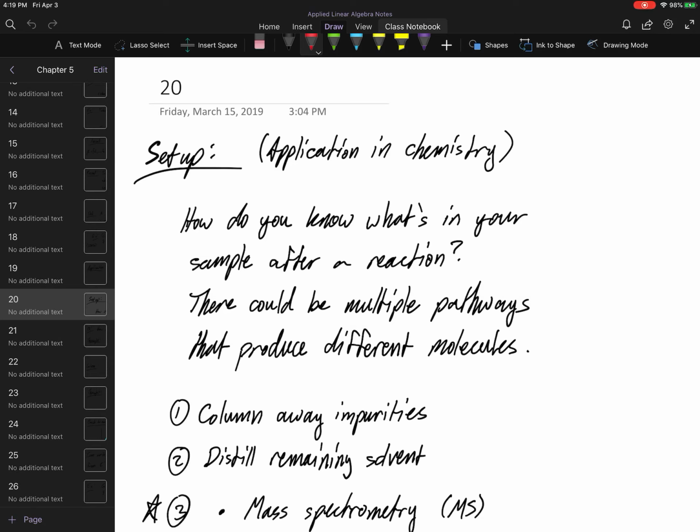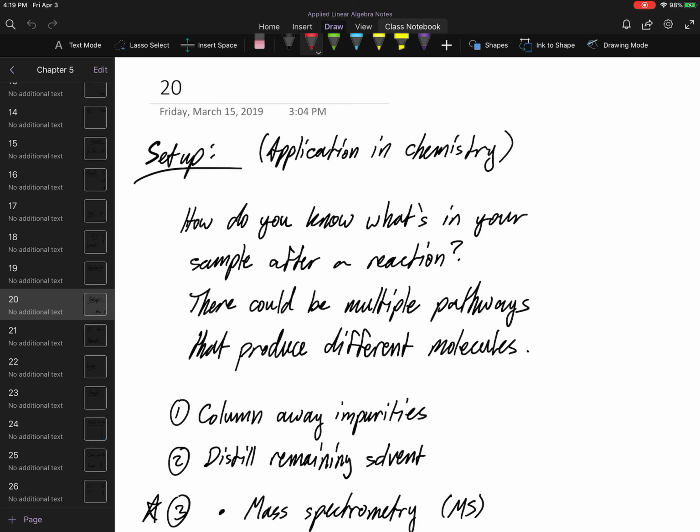We want to run a reaction and get some output, some chemical or collection of chemicals comes out of the reaction, and we would like to know what is in that sample so that we can compare this against theory and calculate yields and maybe try to figure out how to separate out certain reagents from others. And there could be multiple different pathways that produce different molecules, or there could be multiple pathways that produce the same molecule. But either way, we would like to be able to determine what is in the sample after a reaction.